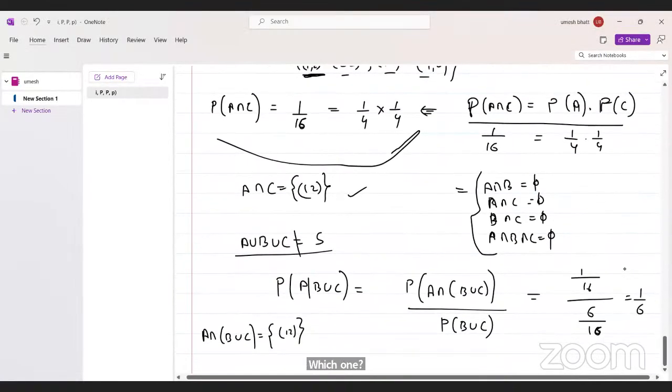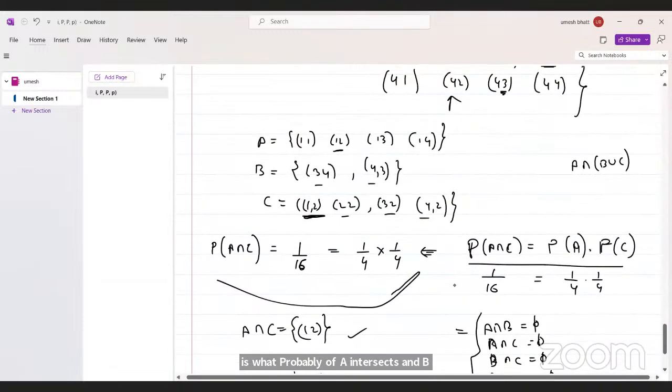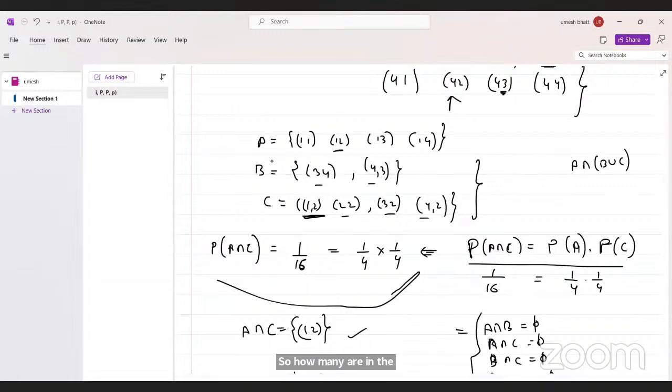So we have to find A given B union C. A given B union C is A intersection B union C divided by, assume that this is one event E, A intersection E divided by probability of E. How many elements are in B union C? 6 elements.